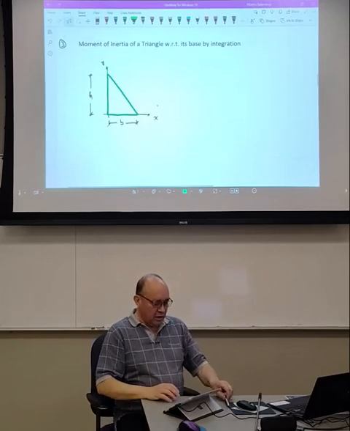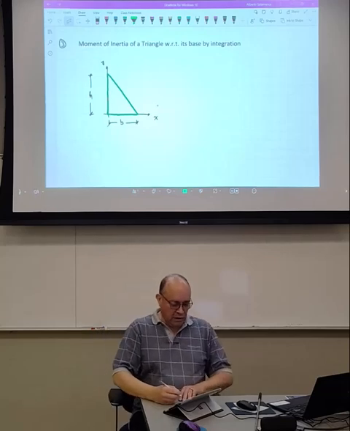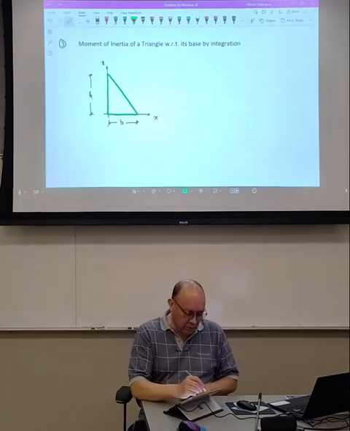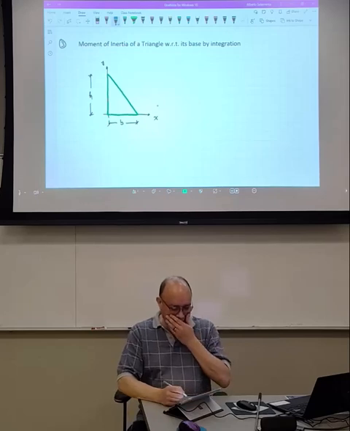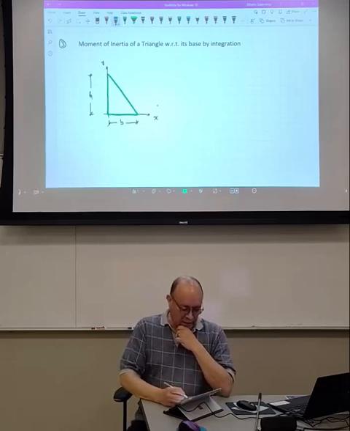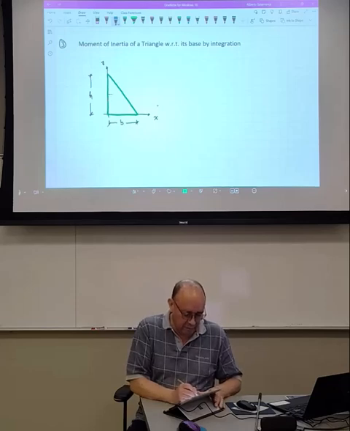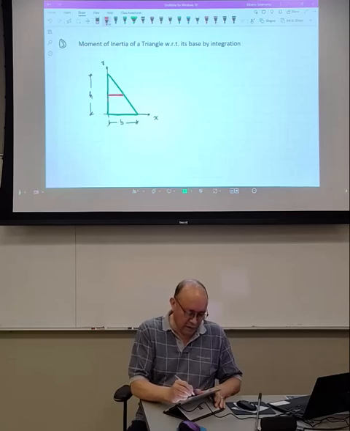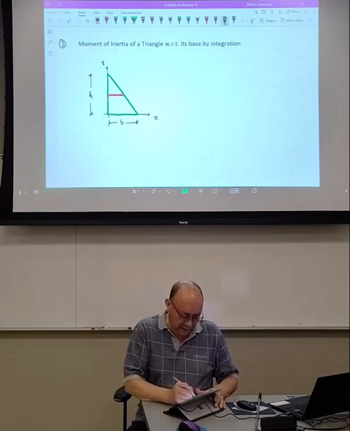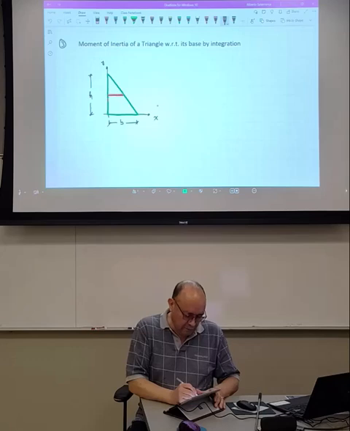So how can we do this triangle? We are going to calculate the moment of inertia with respect to the x-axis. So we're going to choose a differential of area like this. The trick for this differential of area is that all its elements are at the same distance from the axis, which is y.